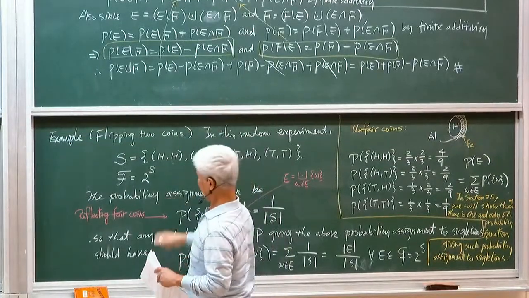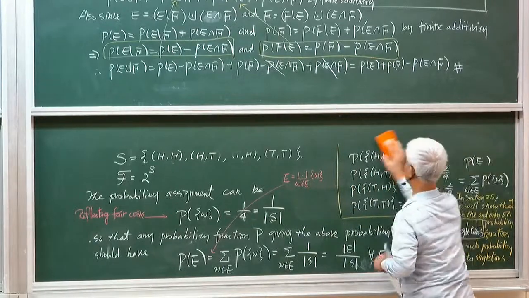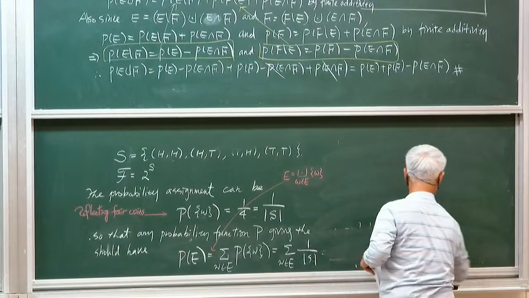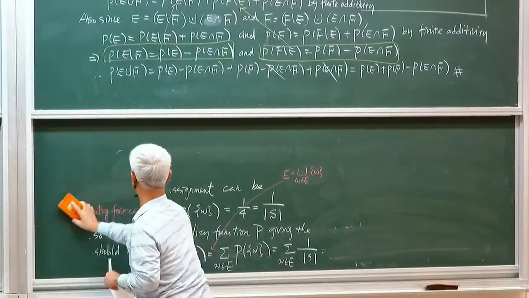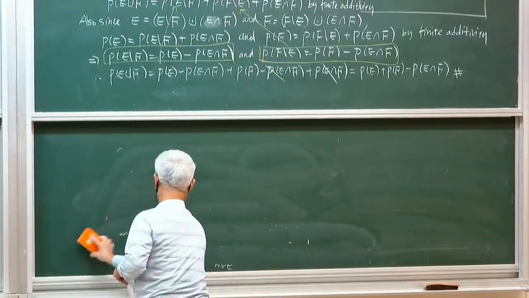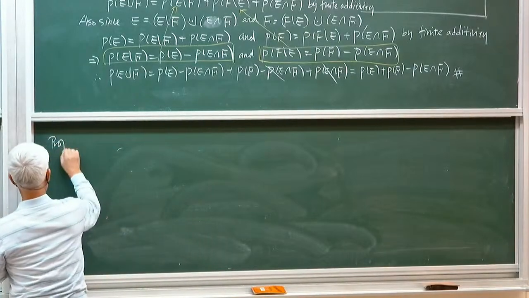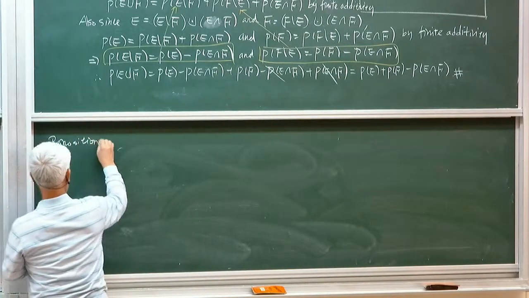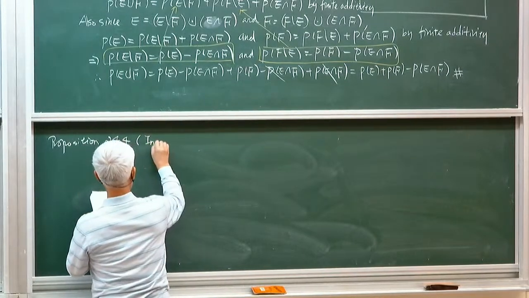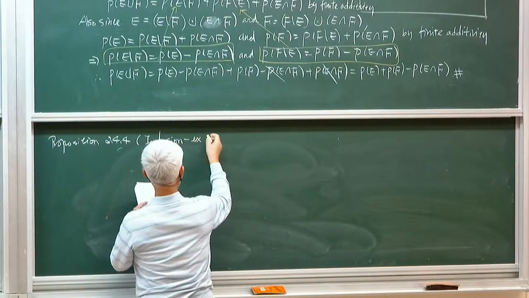And the proposition can be extended. Right, and when we do an extension, it will be called the inclusion-exclusion identity.